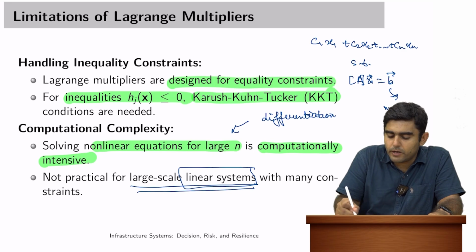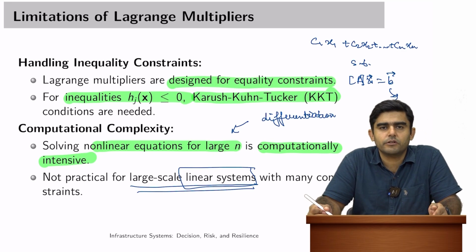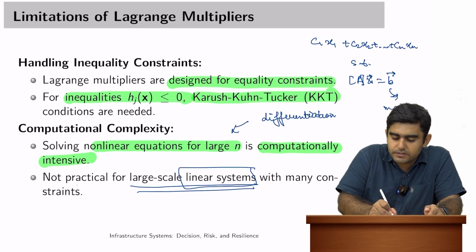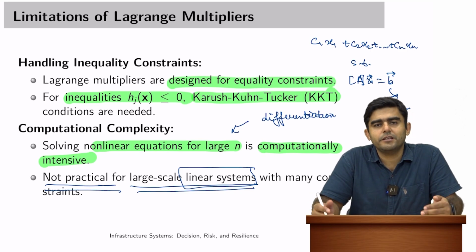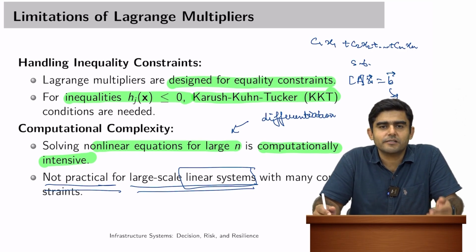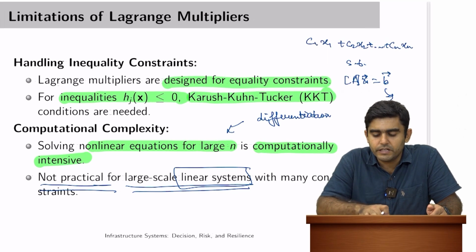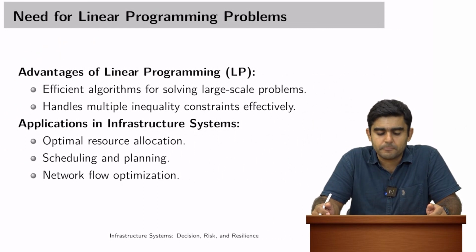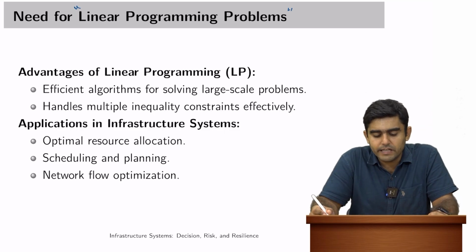If we want to apply Lagrange multipliers, although the methodology would not hesitate us to do so, this becomes impractical for large scale linear systems and may yield solutions that are sometimes trivial as we solve these sets of equations. So, we needed a special class of problem solving approach that we encapsulate in the broad term of linear programming problems.